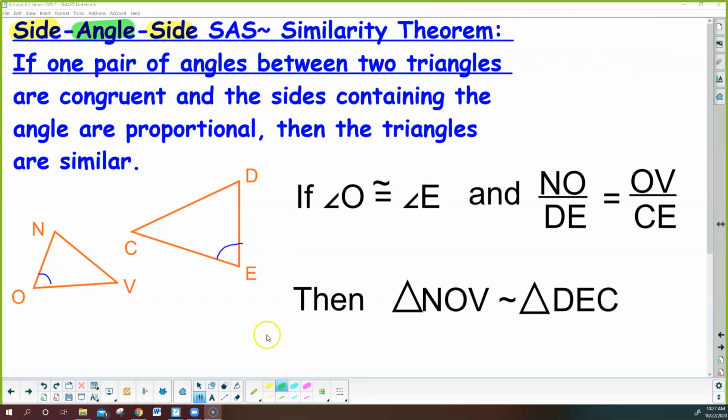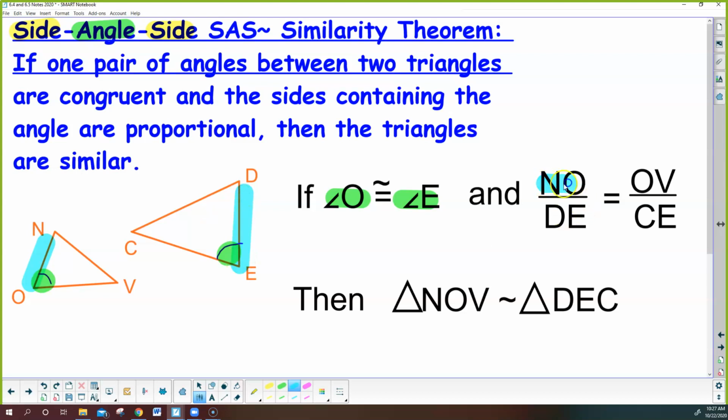All right, I need to know that in side, angle, side, I have one pair of congruent angles, and that's what we have here. So in your proof, you have to prove that you have one pair of congruent angles. And then you have to prove the side lengths containing them. So let's say this is the small side of this triangle compared to the small side of this triangle.